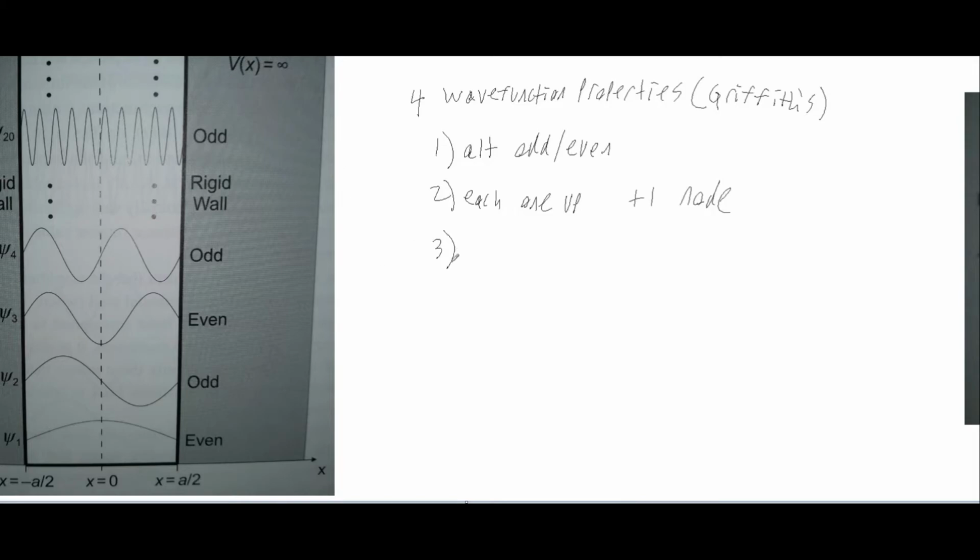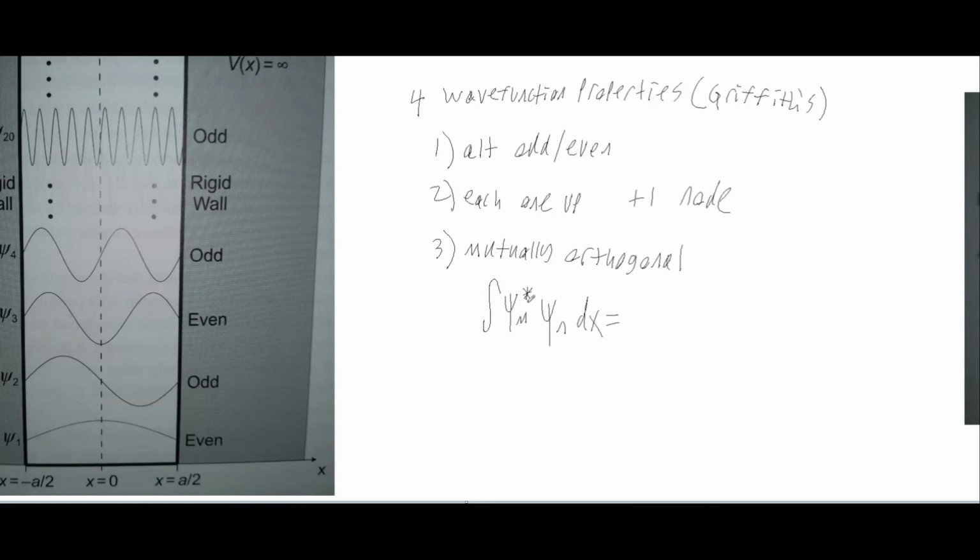So 3 is that each of these are mutually orthogonal. And what that means is that if we take the integral of this, well, that's psi m complex conjugate multiplied by psi n dx.